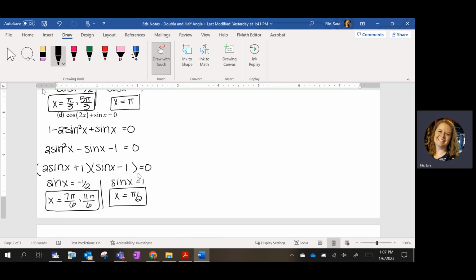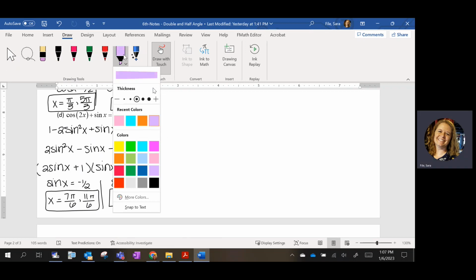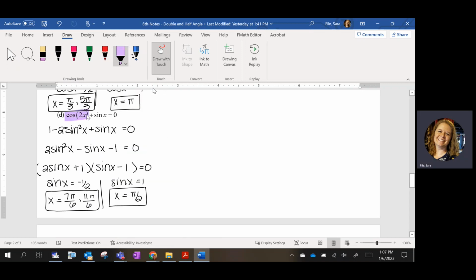So here, the substitution that I would make, again, it's the cosine double angle, but the other term is sine this time. So I would replace it with the cosine double angle that uses sine only. So 1 minus 2 sine squared x. When I do that, I have a trinomial again.